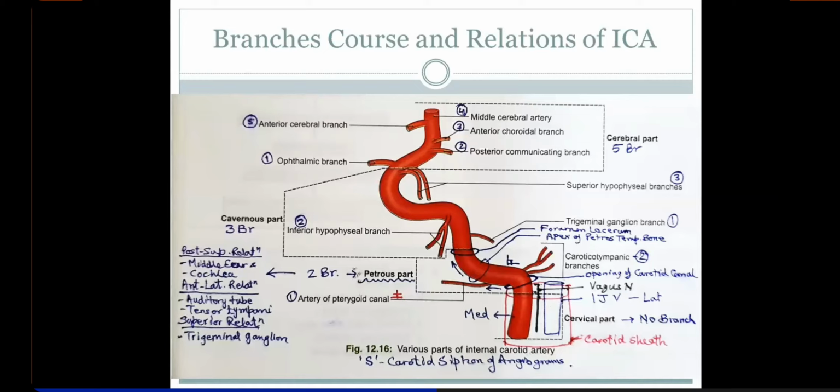But just because I'm going through this portion, the petrous part, I told you it was running in anterior relation to the middle ear cavity. So let's have a brief idea about the relation.